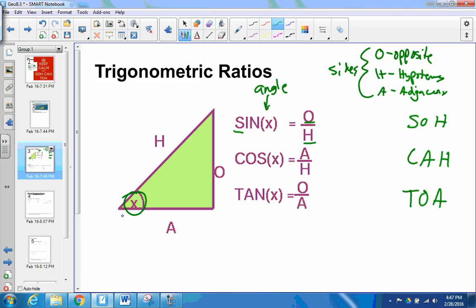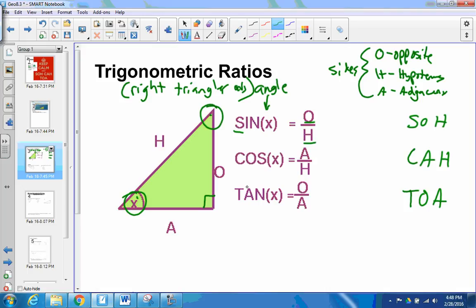If we're taking angle x, and again, trig ratios are for right triangles only and only work for the non-right angles, so we can deal with this one or this one. This one is labeled x. If we're taking the sine of x, it will be equal to the opposite side over the hypotenuse, O over H.